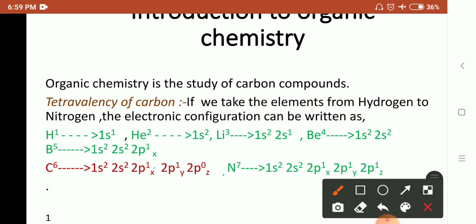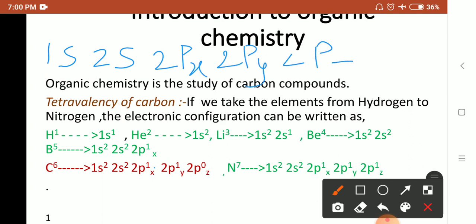Just now I told you 1s, 2s, then 2px, 2py, 2pz. So 2 electrons are filled in 1s, 2 in 2s, and the remaining 1 electron goes into the px orbital.